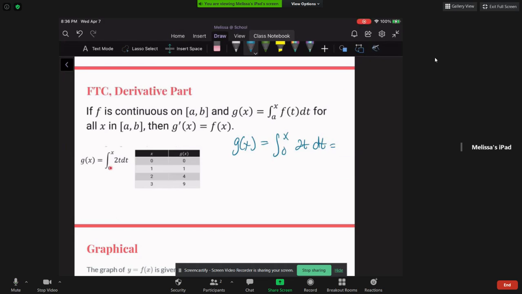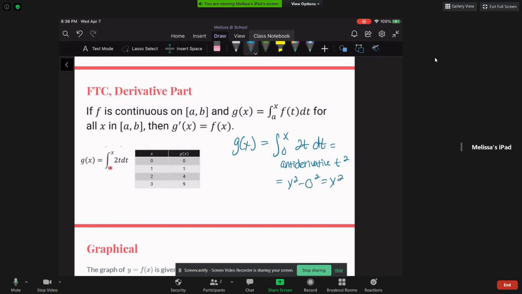So when I find the antiderivative of 2t, it's going to be t squared. And then I'm using that t squared and evaluating it at x and 0. So that means this is equivalent to x squared minus 0 squared, which is x squared.